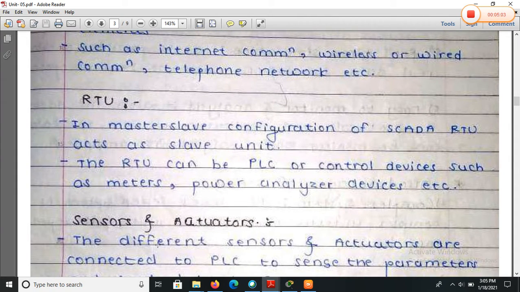In master slave configuration of SCADA, MTU acts as a master unit, and RTU acts as a slave unit. The RTU can be a PLC or control device such as meters, power analyzers, devices, etc.